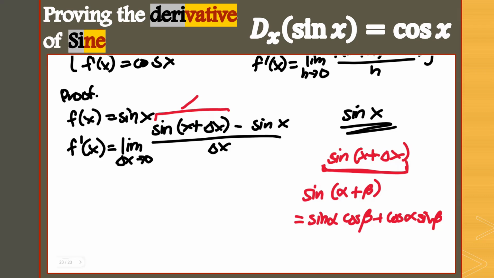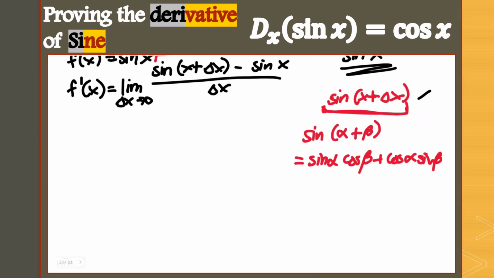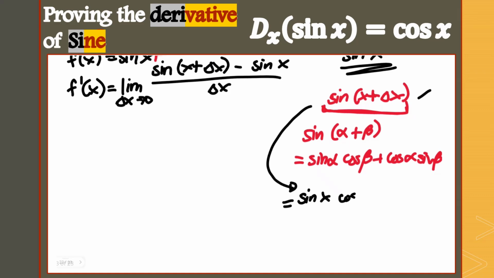That would mean, using x and delta x, that sine of x plus delta x is equal to sine x cosine delta x plus cosine x sine delta x. And let us try to substitute that into our given.